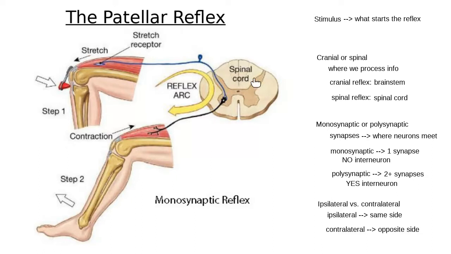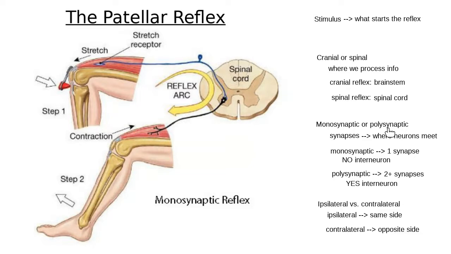When I look at the patellar reflex, I see a spinal cord. Because I see a spinal cord, that means the patellar reflex is a spinal reflex. So we need to memorize that. When we talk about the patellar reflex, is it monosynaptic or polysynaptic?